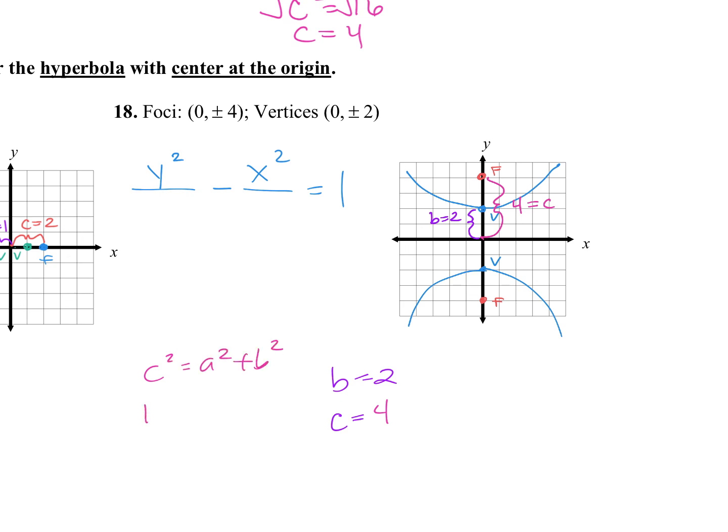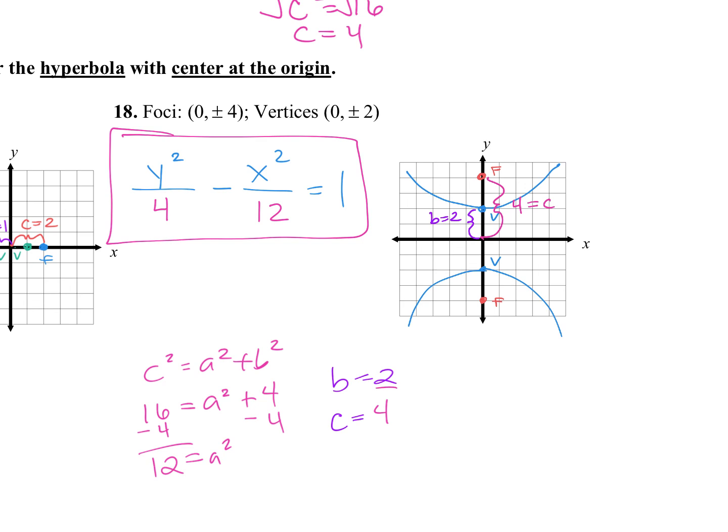So C squared, 16, equals A squared, we're going to solve for that, plus B squared, 2 squared, which is 4. So take away the 4. So we get A squared is 12. That's going to go under our X squared, right? What's going to go under our Y squared right now? 4. That's your B value squared. So 2 squared, oops, not squared. So you get 4 there, and that'll be your equation.